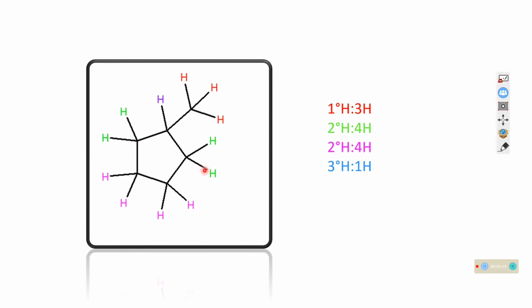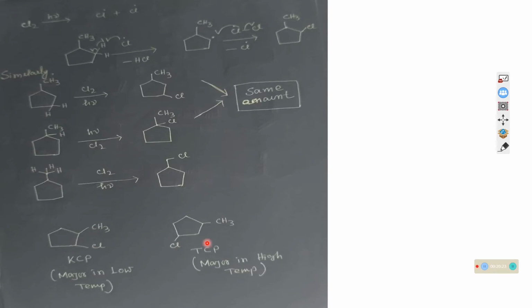The number of hydrogens is the same. So at this position, methyl and chlorine on 2, and methyl and chlorine on 3, these two alkyl radicals form in equal amount.